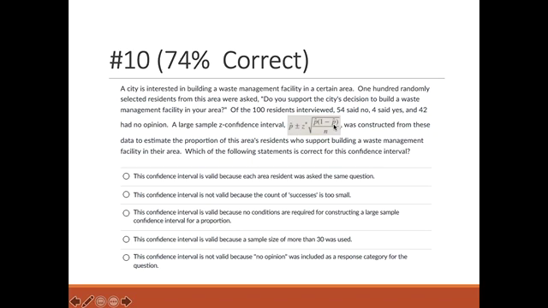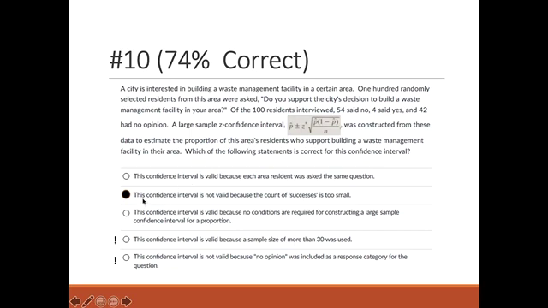So a city's interested in building a waste management facility. 100 randomly selected residents from this area were asked, do you support the city's decision to build a waste management facility? Of the 100 residents, 54 said no, 4 said yes, and 42 had no opinion. So we're building a confidence interval using this structure that's advertised here. Which of the following statements has to be correct for this confidence interval?